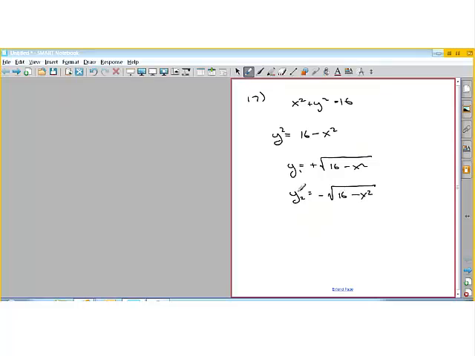We can't just say plus or minus, because we're going to plot these. So let's write those down so we can plot them without having to come back. It's the square root of 16 minus x squared, and minus the square root of 16 minus x squared. Let me minimize that and get my graphing program up and running.